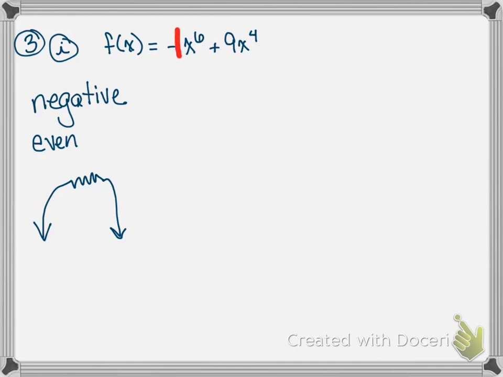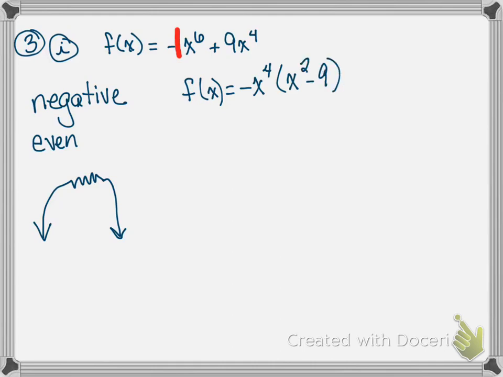Now, one of the things that I do is anytime my leading coefficient is negative, when I start to factor, I go ahead and factor that out. That negative comes out because I've got a GCF. So I'm going to pull a negative out of that. And then I've also got an x to the 4th in both of these. When I take out a negative x to the 4th, I'm then left with x squared minus 9.